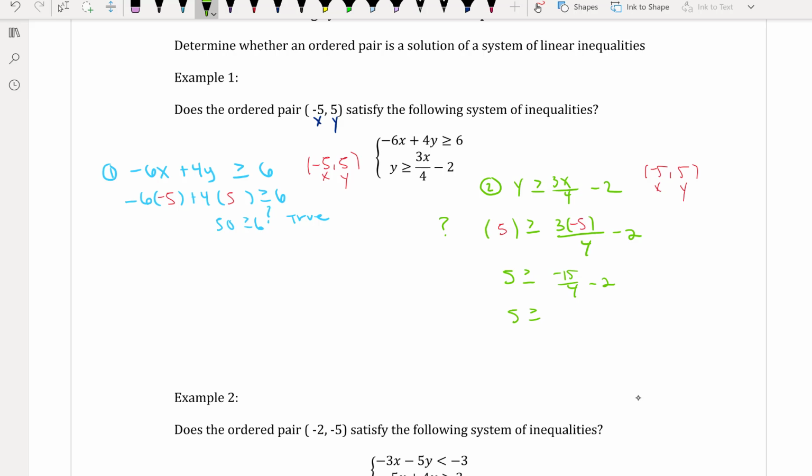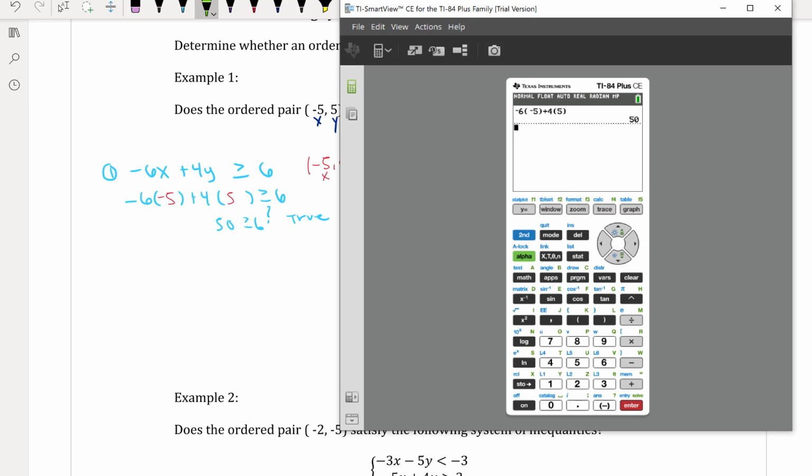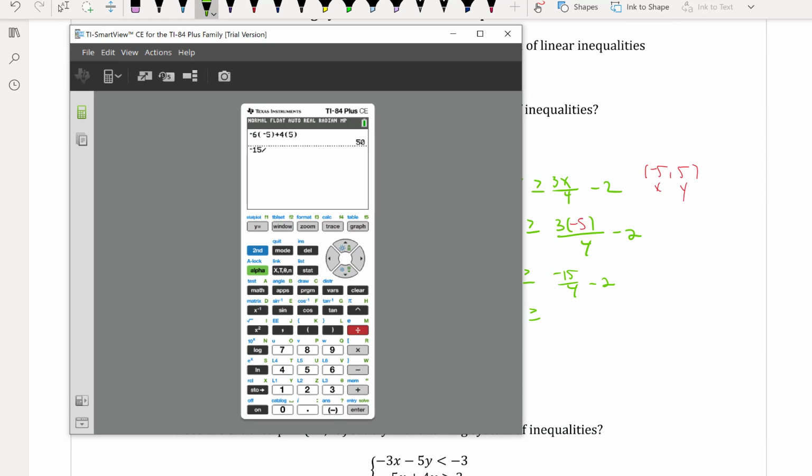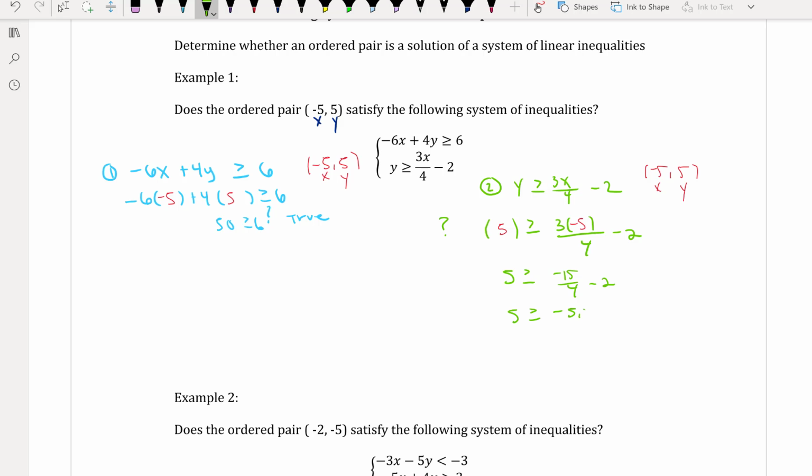And what is -15 divided by 4? That's -3.75, and don't forget to subtract 2. So I have -5.75. So is 5 greater than or equal to -5.75? Well, any positive number is bigger than any negative number.